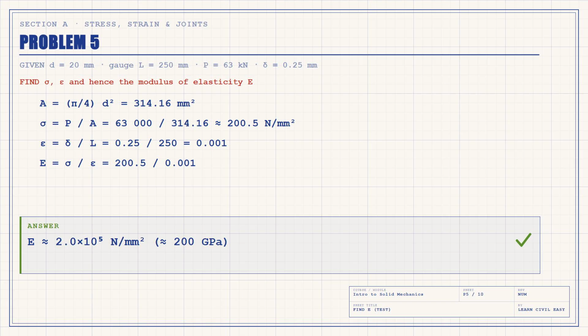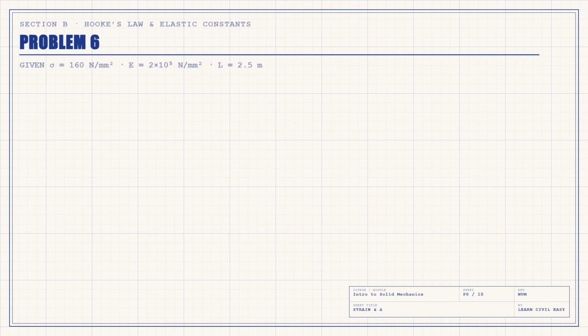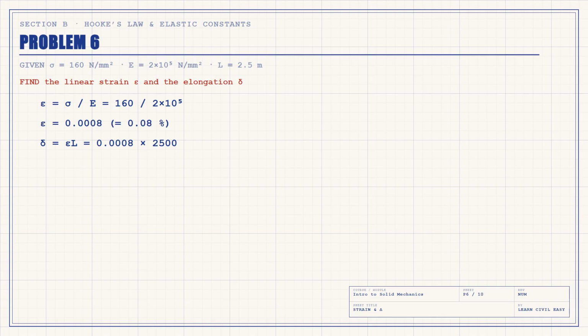Strain is the extension over the gauge length, 0.25 over 250, which is 0.001. So E is stress over strain, about 2 into 10 to the power 5 Newton per millimeter squared, that is 200 gigapascals.